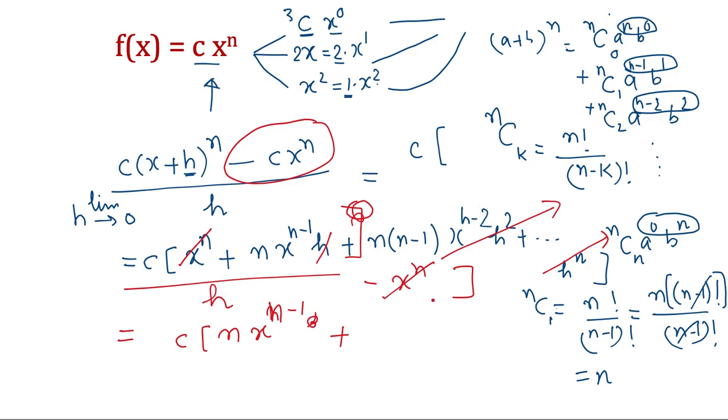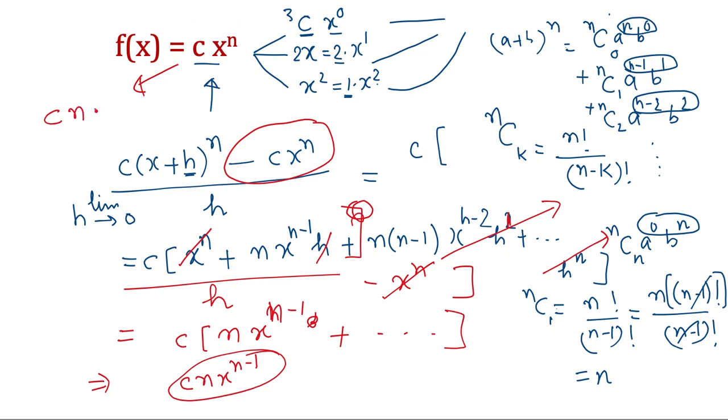This will become h times the next term, but we are not taking this term, so we can ignore that. So we are left with c n x to the power n minus 1. So the derivative of this will be c, the constant remains as it is, and this n comes, n is multiplied times x^(n-1).